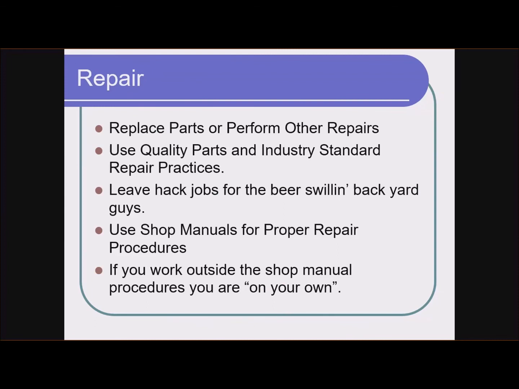But the thing about the shop manual is it's almost like a legal document, right? If you follow what's in the shop manual and an attorney were ever to ask you why you did what you did, and you can point to the shop manual and say, because the shop manual said so, then you have nothing to worry about.